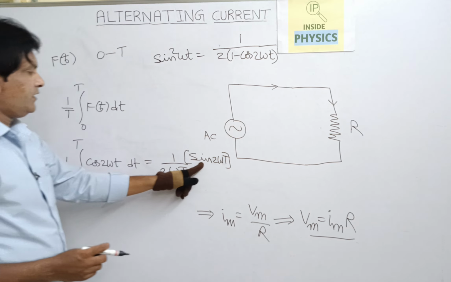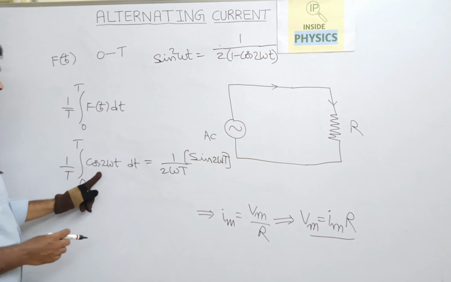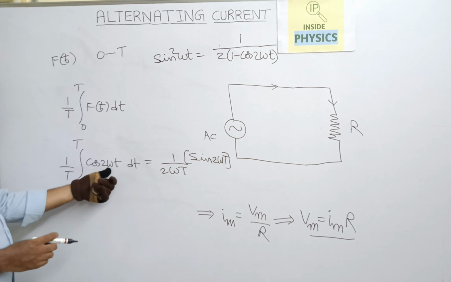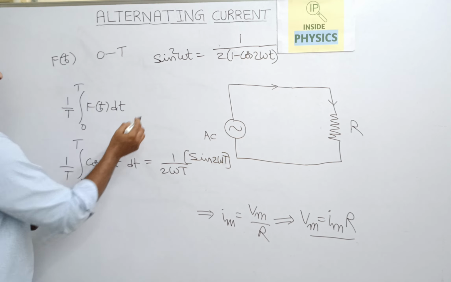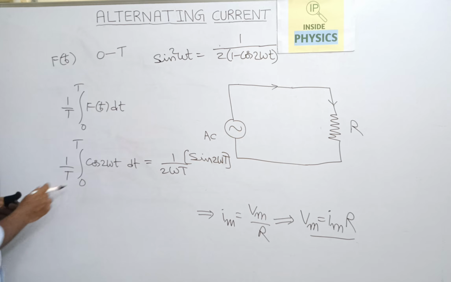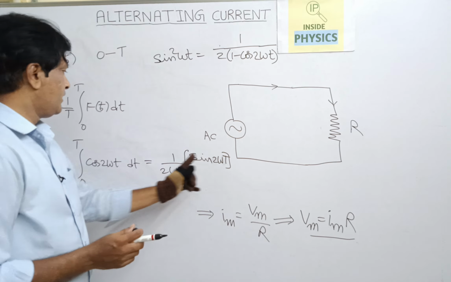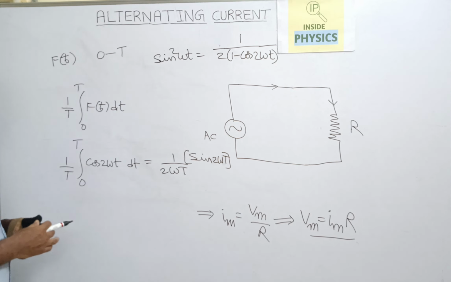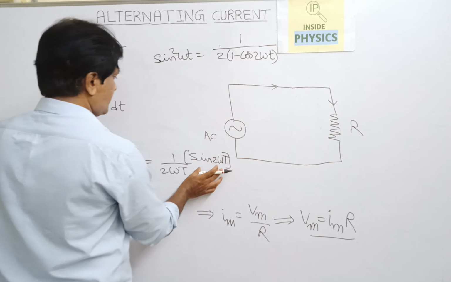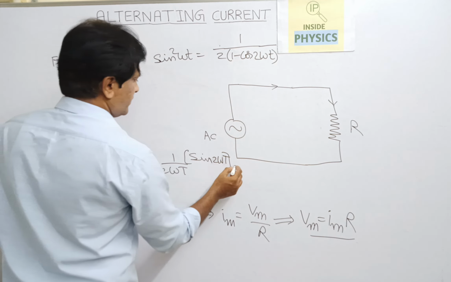Integrating cos 2 omega t gives sine 2 omega t. After substituting the upper limit, this value is 0.